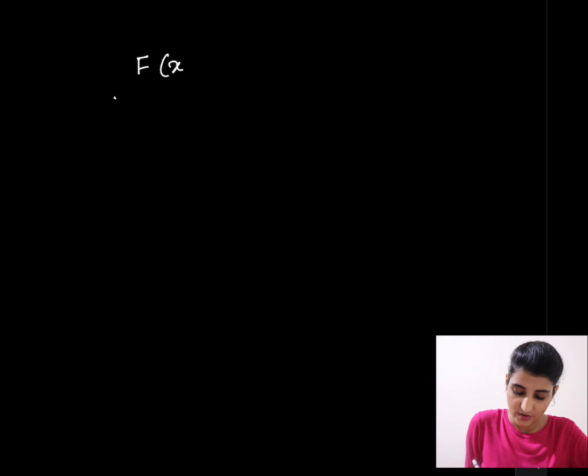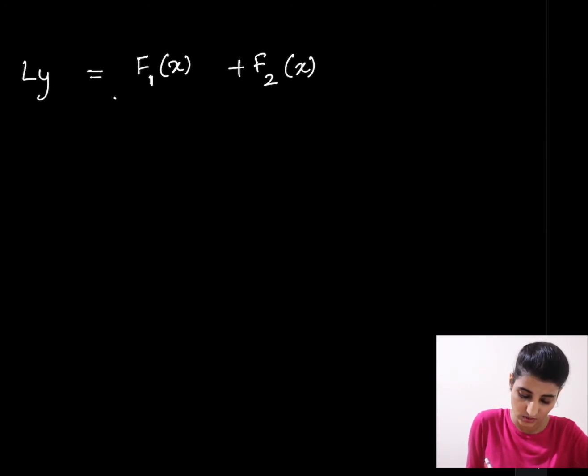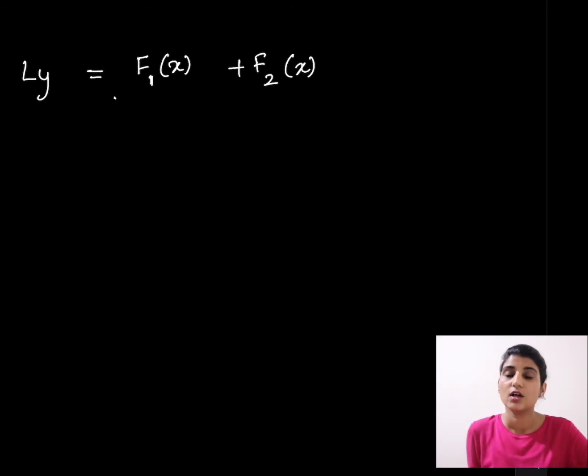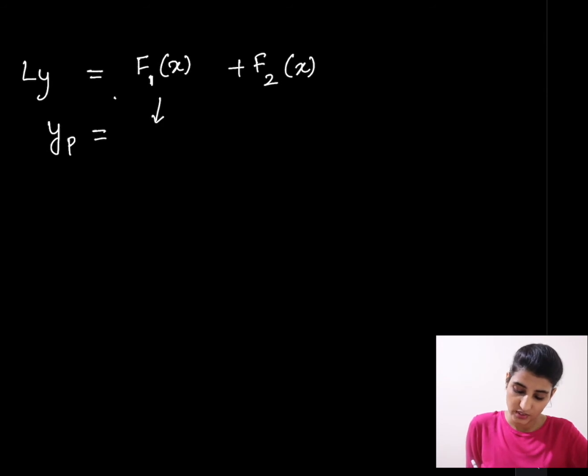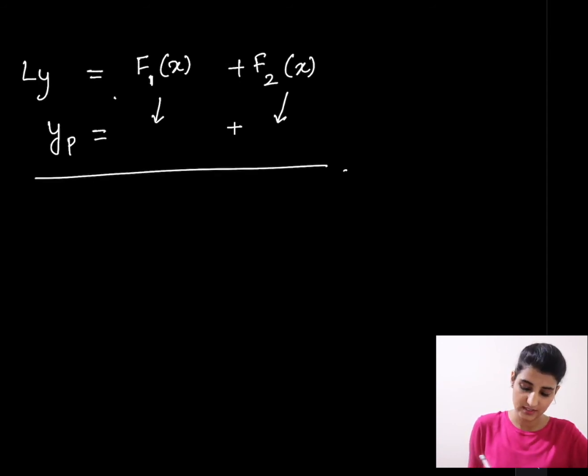Suppose you have f(x) equal to f1(x) plus f2(x). Ly equal to f1(x) plus f2(x) is your non-homogeneous equation. Then to write your trial solution, to write your y_p, it's going to be y_p for f1 plus y_p for f2. Okay, let's see how.